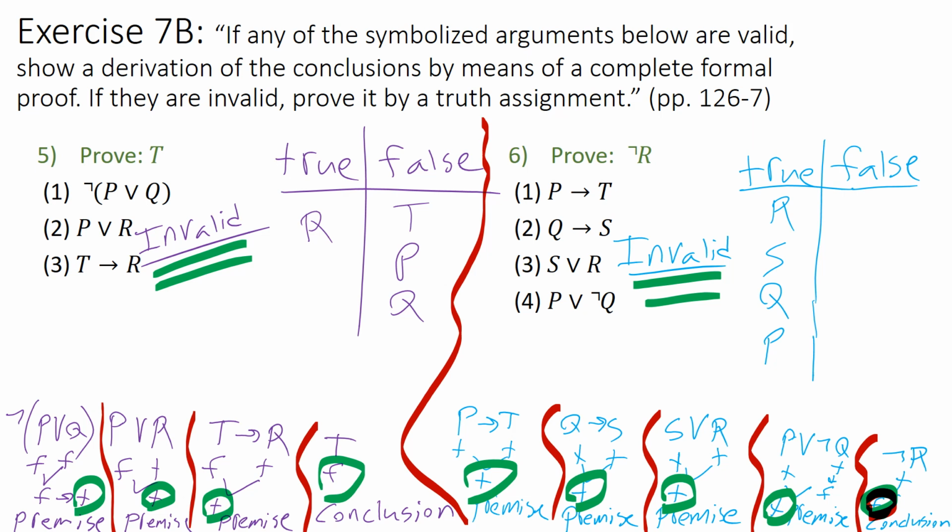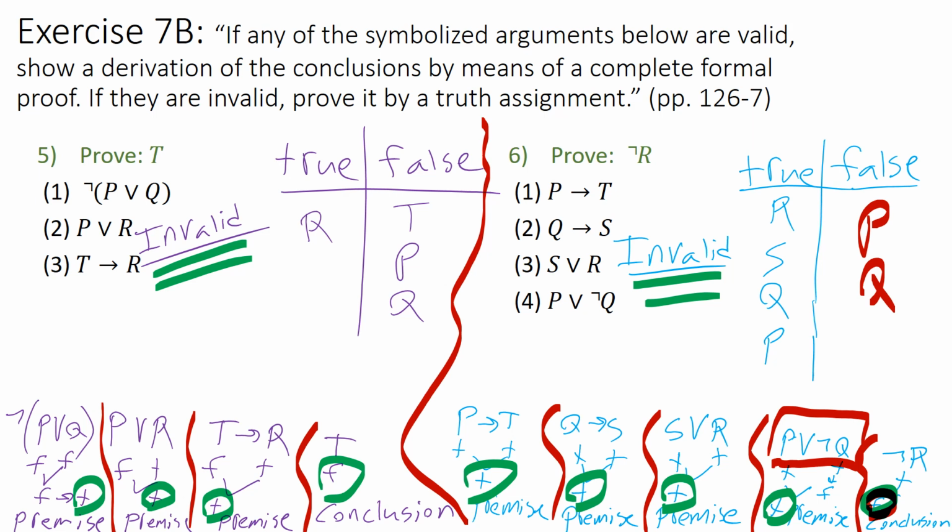Let's kind of think about this. What I could have done, I could have assigned P and Q as false, because look here, right here in this fourth premise. If P is false and Q is false, that still would be a true premise, because that Q is being negated.